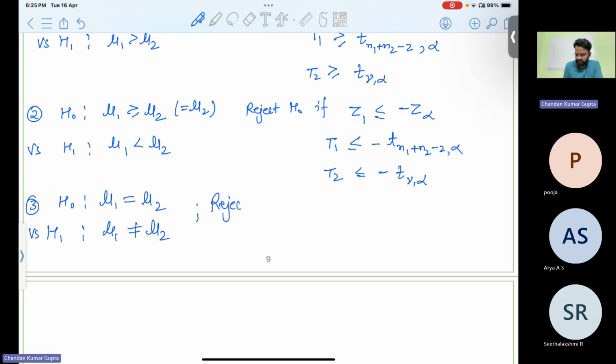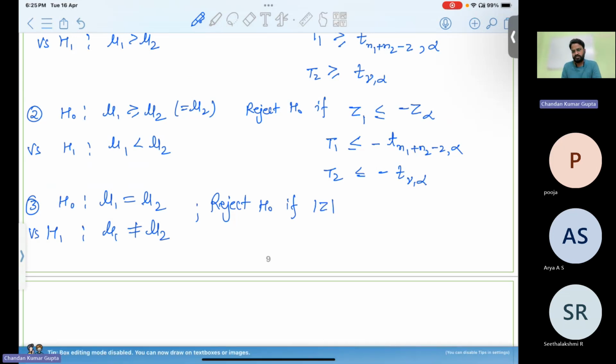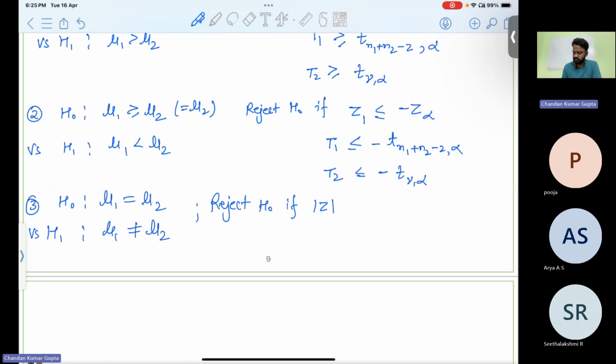In this case we reject h0 if, since t and z distributions are symmetrical, we can write: mod of z1, the statistic value, is greater than or equal to z alpha by 2, or mod of t1 is greater than or equal to t with n1 plus n2 minus 2 and alpha by 2, and for t2 in a similar manner, nu and alpha by 2.